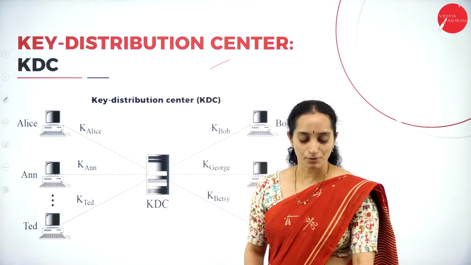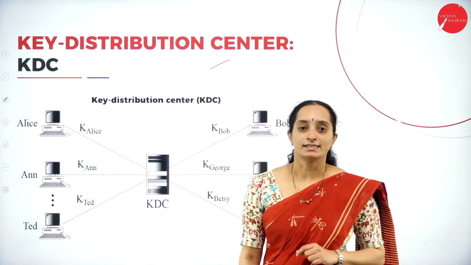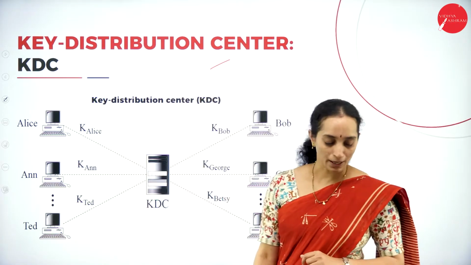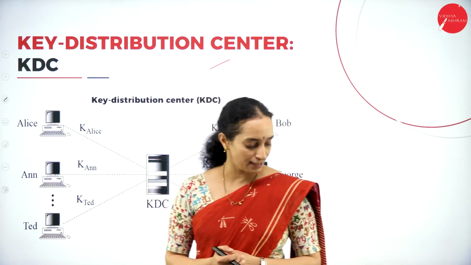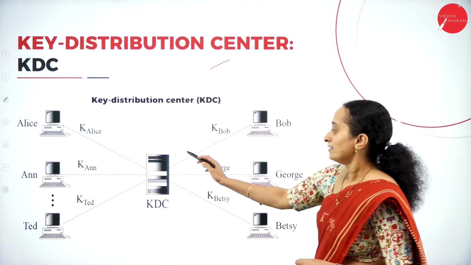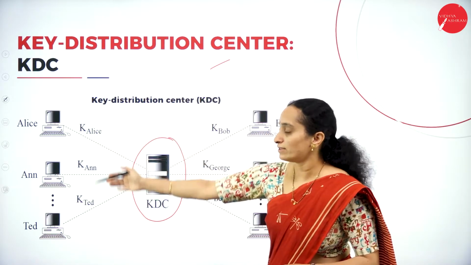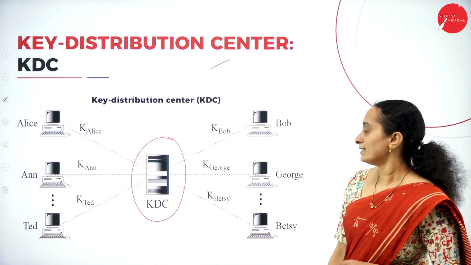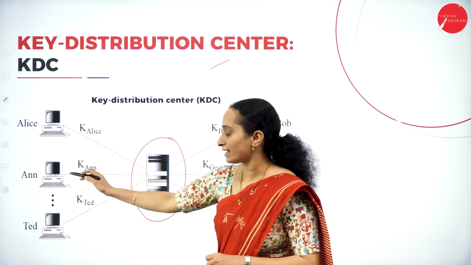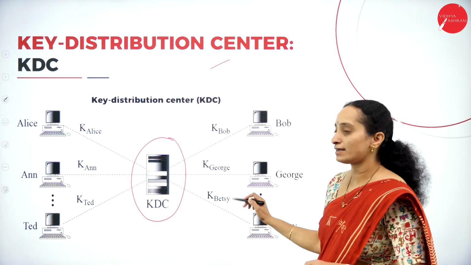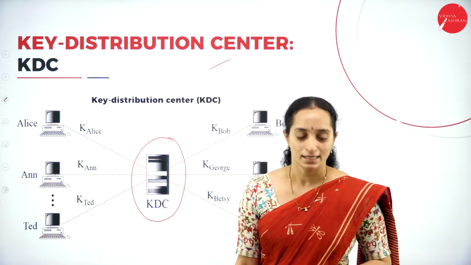For this problem, the solution is the key distribution center. The key distribution center, known as KDC, is a center which is connected with all the senders and receivers. Each sender and receiver is connected to the KDC, which acts as an intermediary between them.